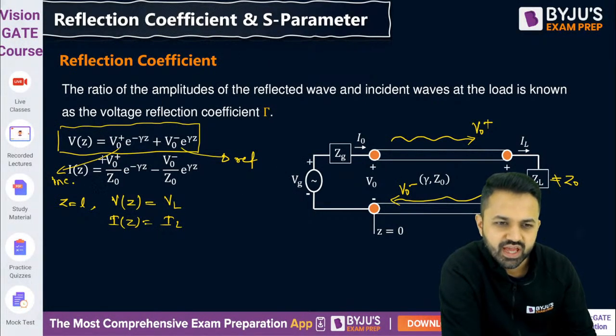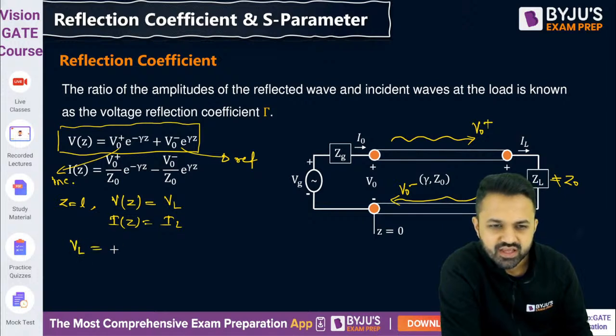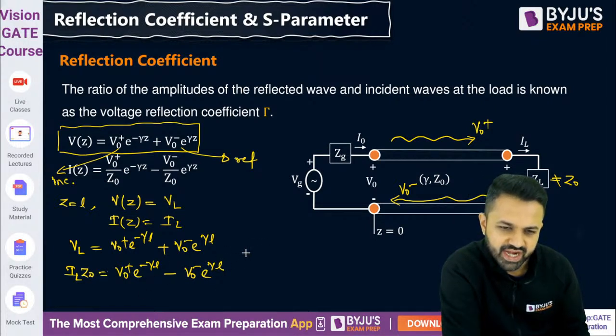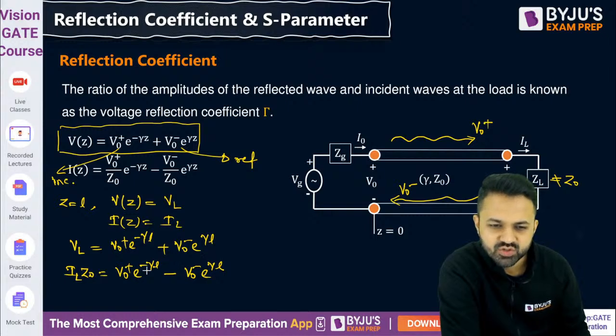At the load, the voltage is VL, which is V naught plus e to the power minus gamma L plus V naught minus e to the power plus gamma L, and IL into Z naught is V naught plus e to the power minus gamma L minus V naught minus e to the power gamma L. If I add them, then these two will get cancelled, and we get the equation when we add these two equations.